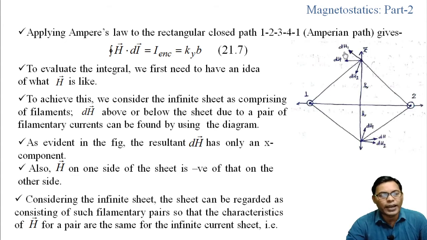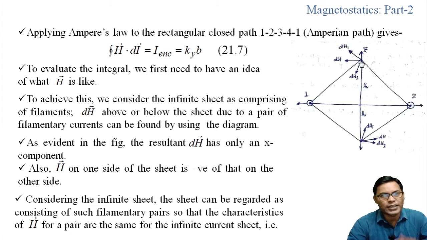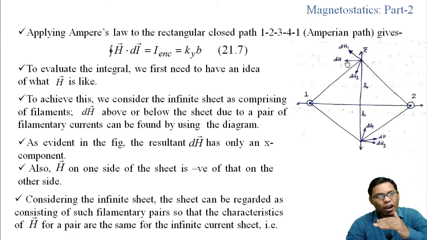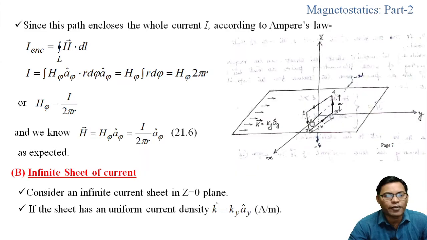Now if we want to find the resultant of dH1 and dH2, we will see that the dH at this point, above the sheet, will be along the x direction, the minus x direction, since y is coming out. So in the x direction we have one magnetic field intensity.